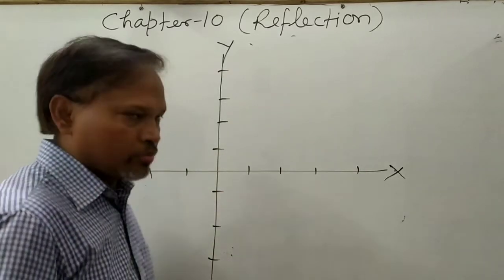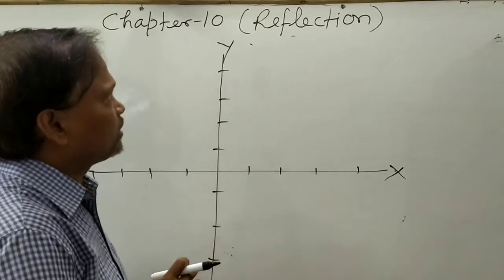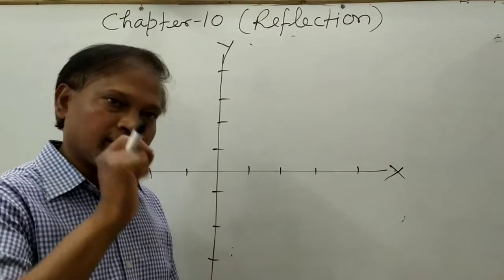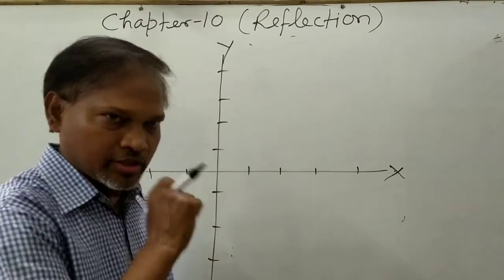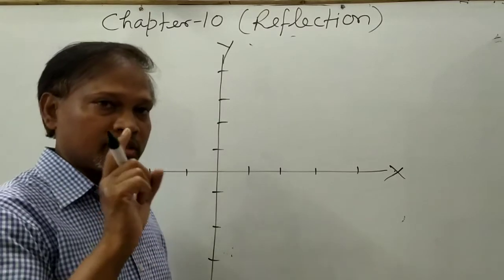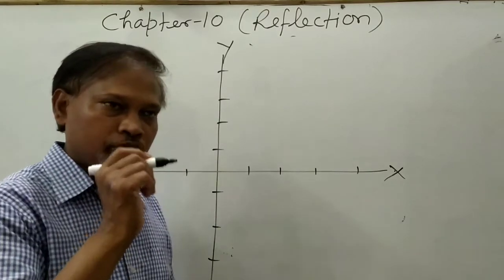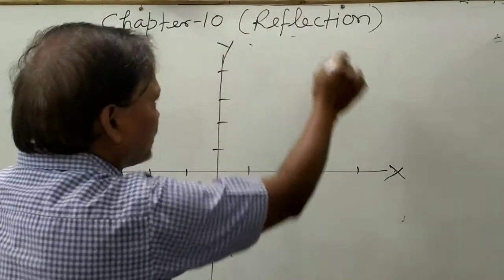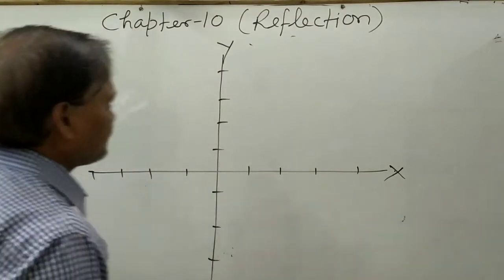I have to make one more video for this reflection chapter because this chapter is not so difficult, but also not so easy that you can understand very easily. But questions are very easy and depend on the graph. So you have to listen carefully and watch the video to understand the chapter reflection.